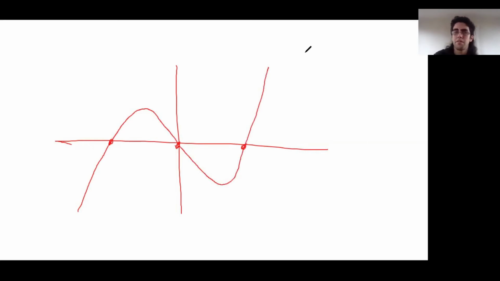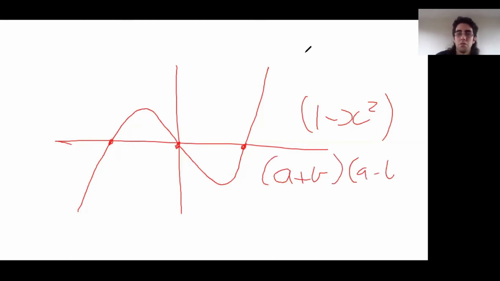Now this can be a little bit confusing because one of the factors is 1 minus x squared. So you might think that we need to bounce off 1 or more of the x-intercepts, but this actually isn't the case, because we can understand using other laws that we already know. For example, we know that a plus b times a minus b equals a squared minus b squared.